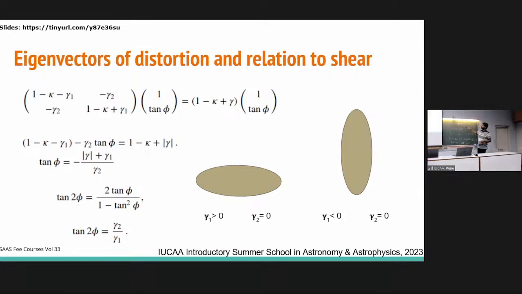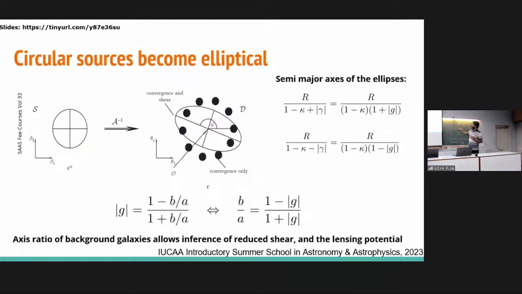So what I've done here is I've defined 1 comma tan phi as my vector. Right? So if this is phi, then 1 comma tan phi is a line which goes like this. And so what I'm trying to figure out is, if that is the vector, can I find out the relation between gamma 1, gamma 2 and this phi?